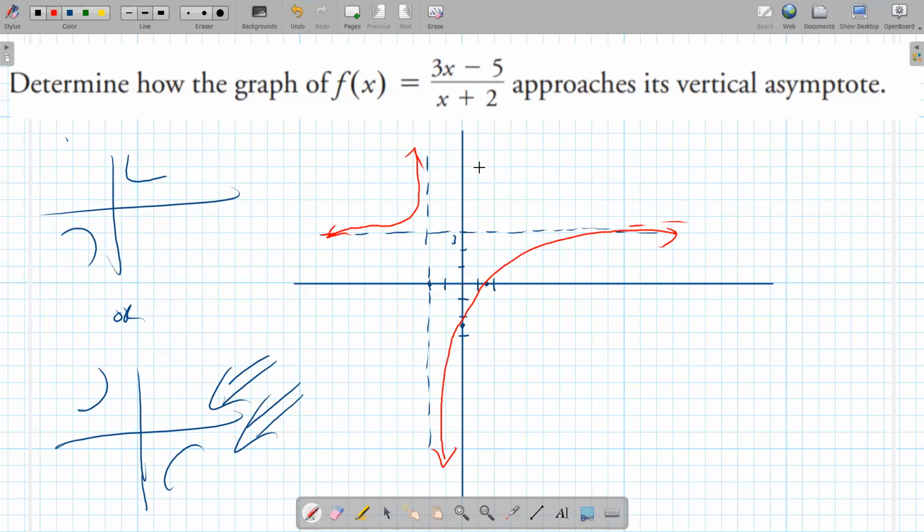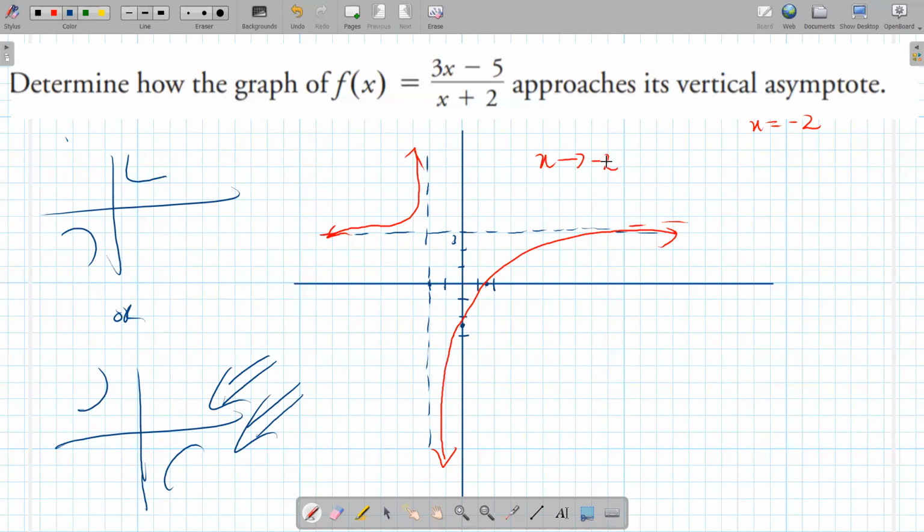It's asking us how this graph approaches its vertical asymptote. So the vertical asymptote is at x equals -2. How would we answer this question? There are 2 parts to this question. We have to look at it from the left side and from the right side. So as x approaches -2, now look at the notation here.